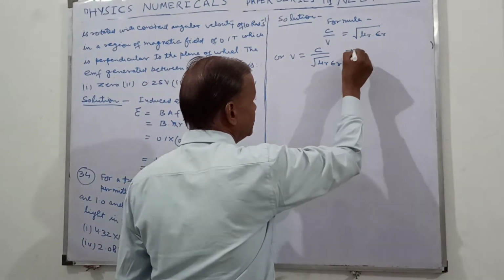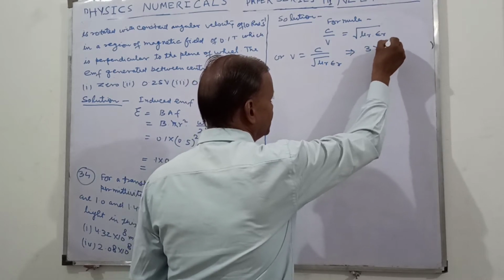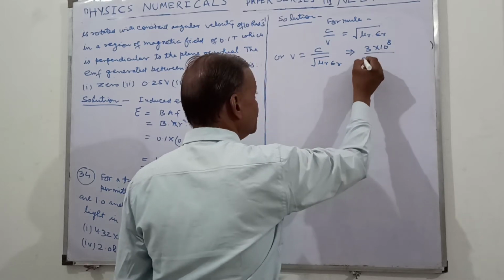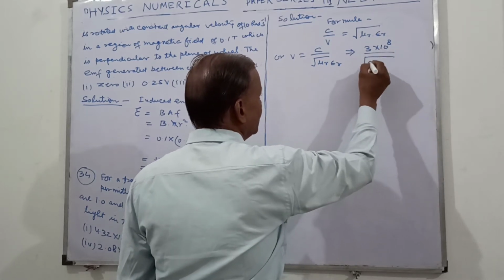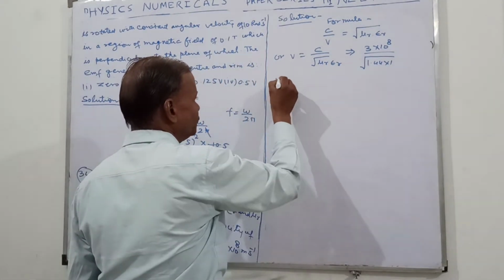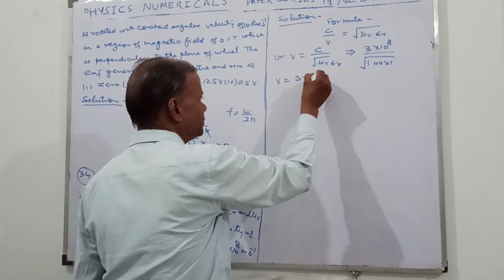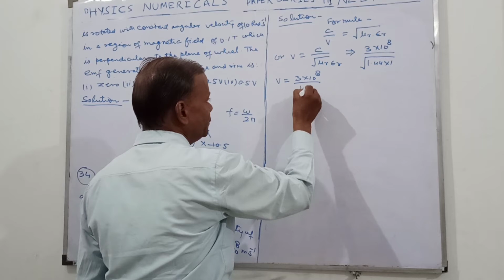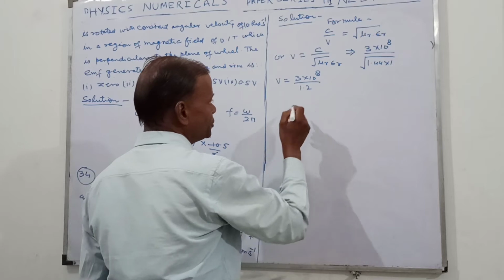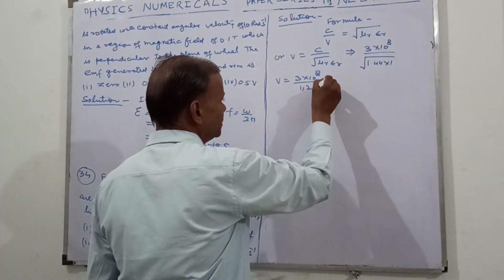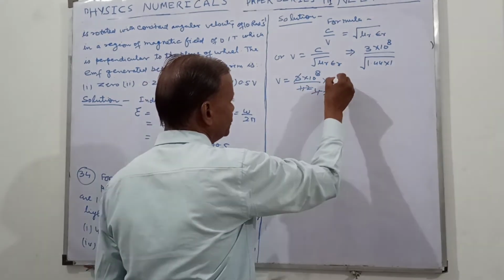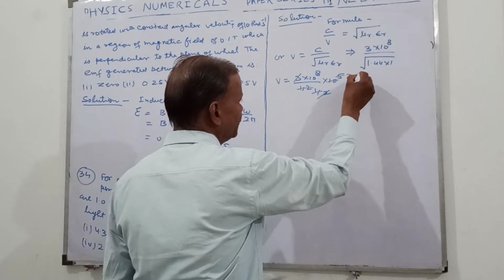So this is now 3 into 10 raised to the power 8 upon the square root of 1.44 into 1. So V is equal to 3 into 10 raised to the power 8 upon 1.2.